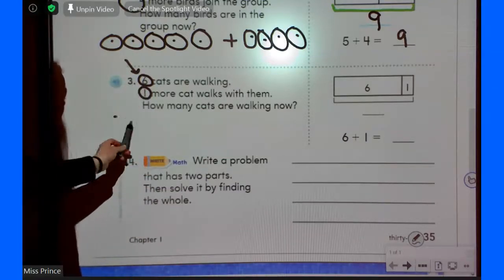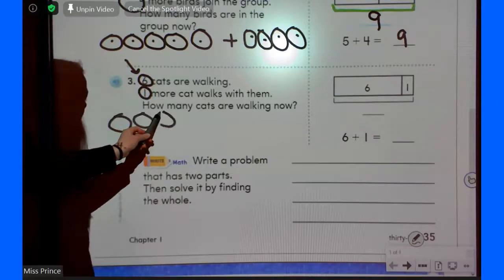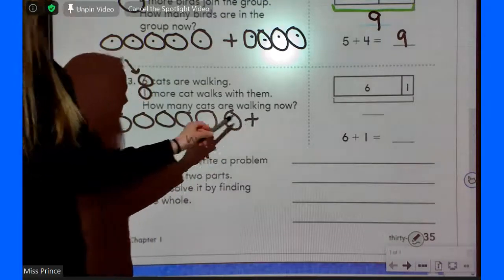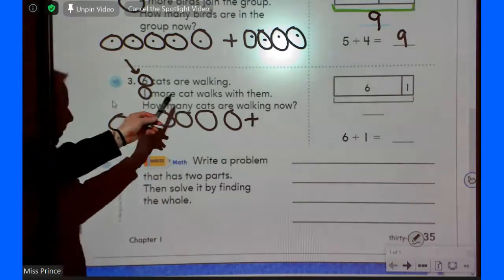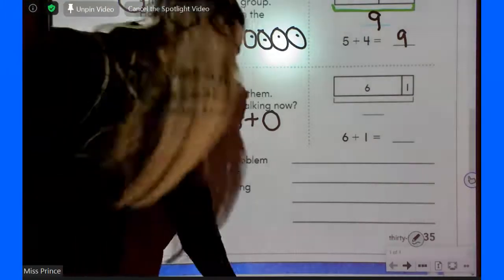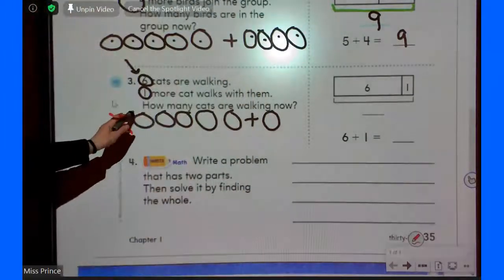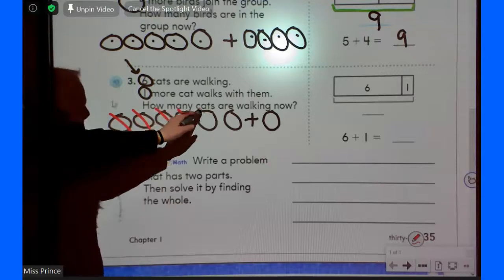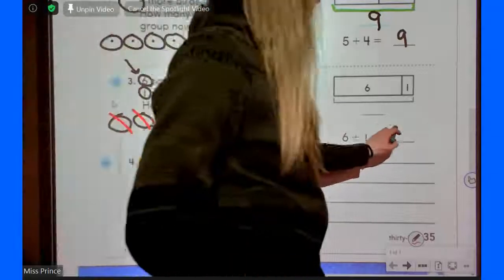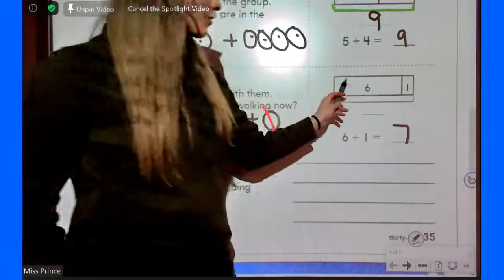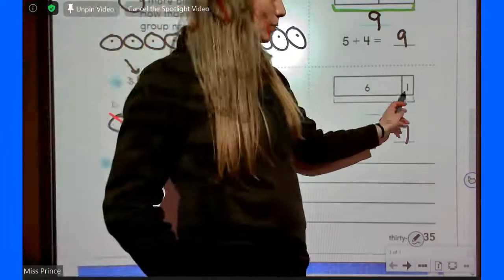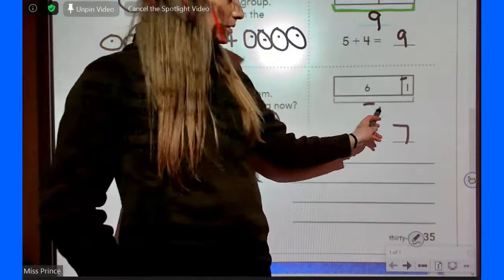So I'm going to draw my 6, plus my one more. And then Cruz, you said that you counted 7 altogether. Let's count and make sure. 1, 2, 3, 4, 5, 6, 7. Nice job, Cruz. 7 altogether. So this piece right here of my bar model is 6. Plus one more is 7.